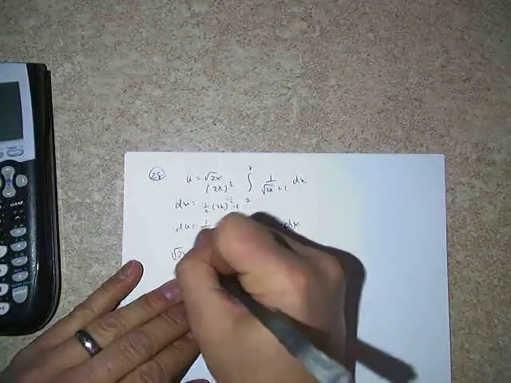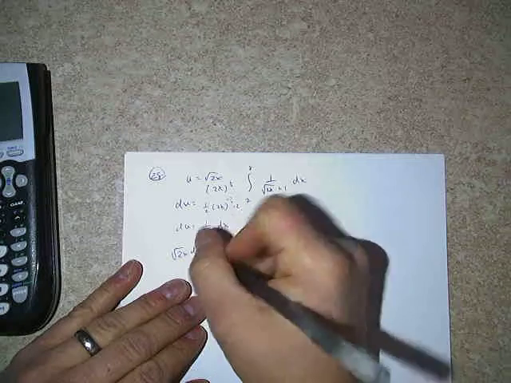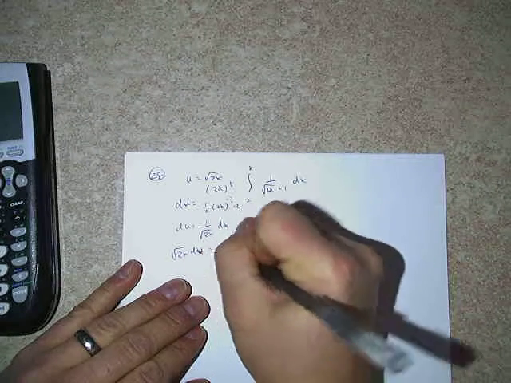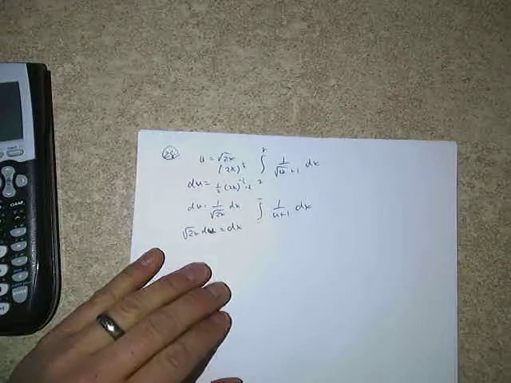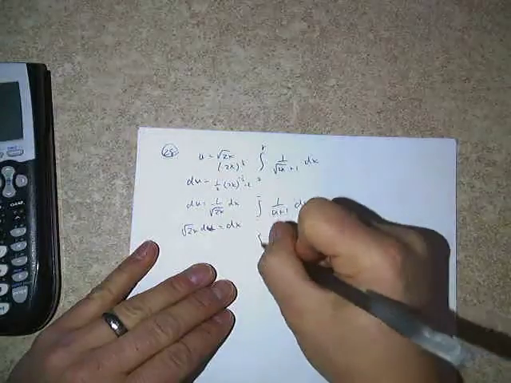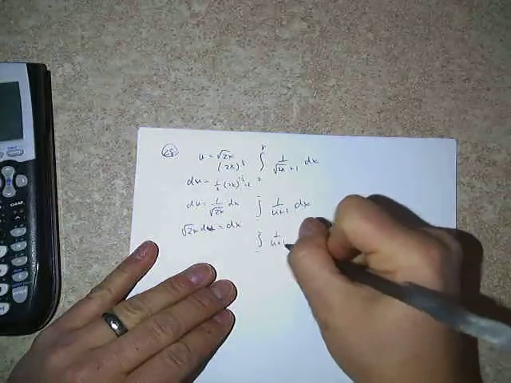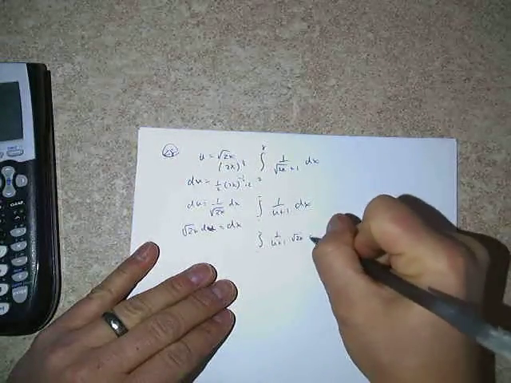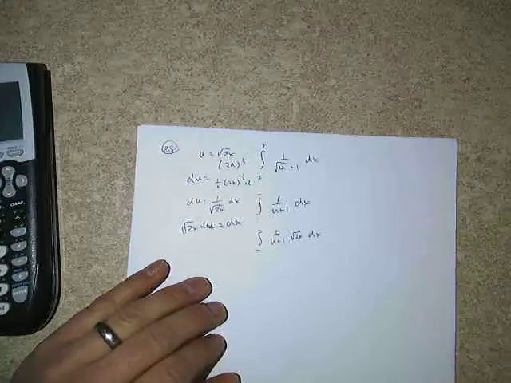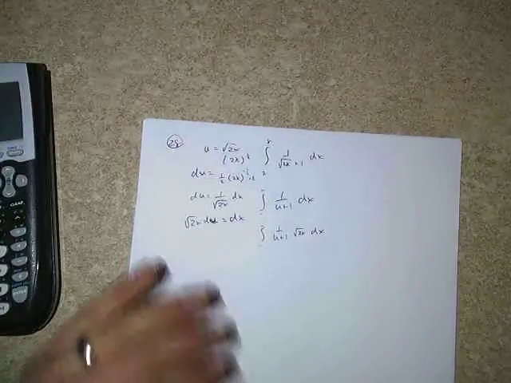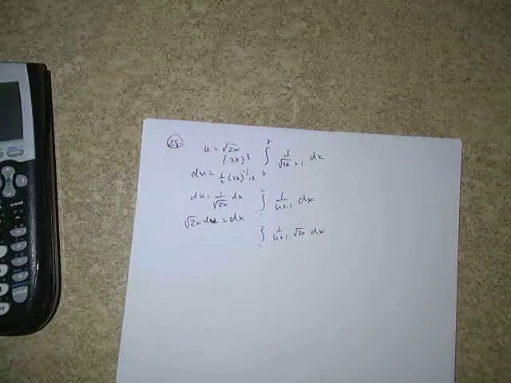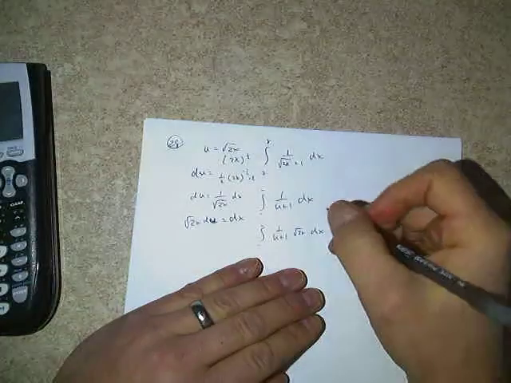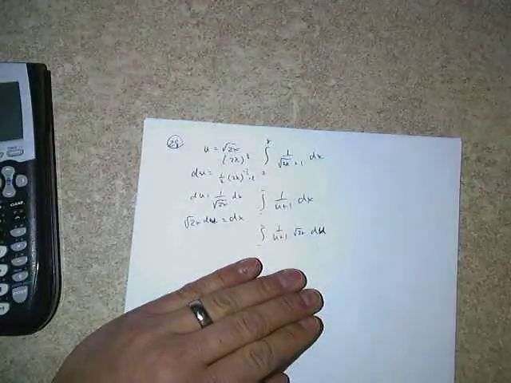Well, radical 2x du is going to be equal to dx if I multiply. So I certainly could replace that. Let's see what happens if we do. We got u plus 1, we got radical 2x dx here. Alright, so again, I lied, this is du, sorry. Radical 2x du.